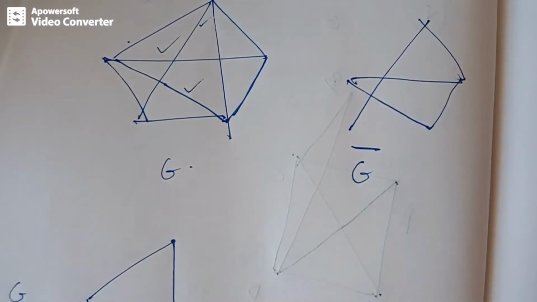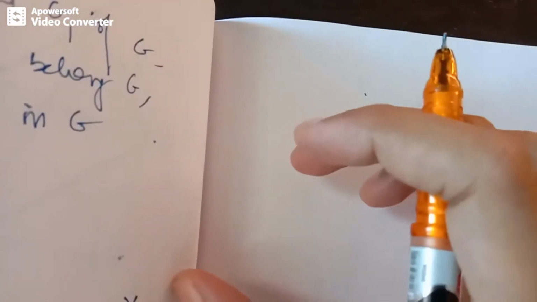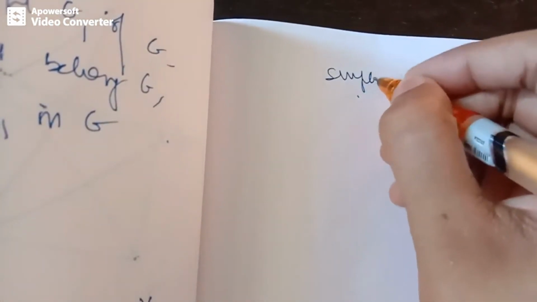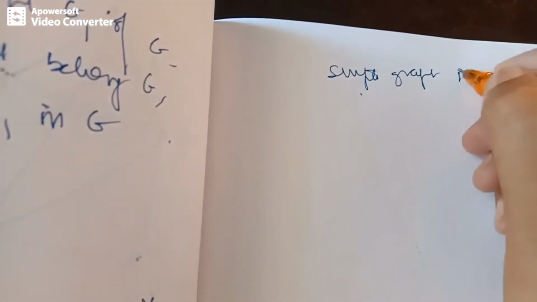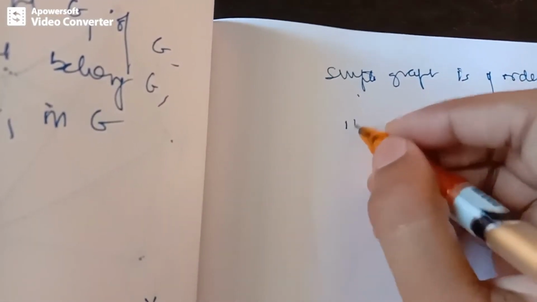So next, if I want to say about complement of a simple graph, so simple graph, as you know, is a subgraph of a complete graph Kn. So if the simple graph is of order n, okay, then the complement is the complement of G in Kn.